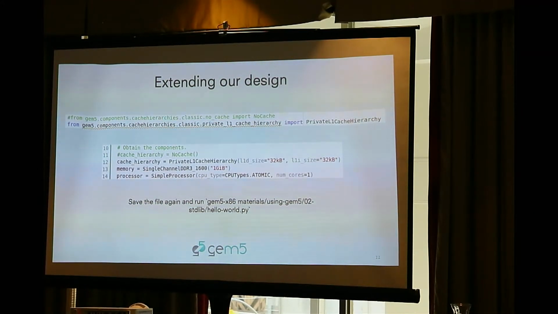If you remember the class hierarchy diagram at the beginning of this presentation, as long as your component conforms to the interfaces, you're good to go. The common way to do it would be to take your SimObject and wrap it inside an interface that conforms to the interface of that superclass, and then you can plug it in. That's commonly how we do it.